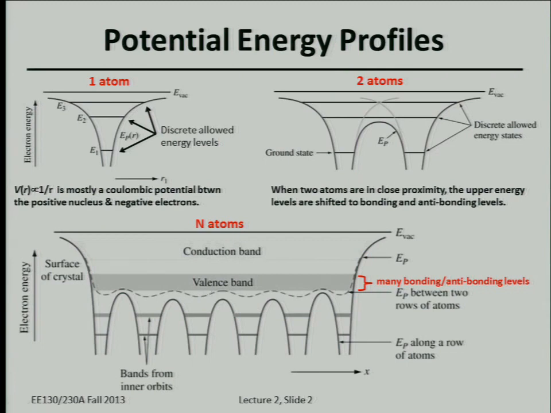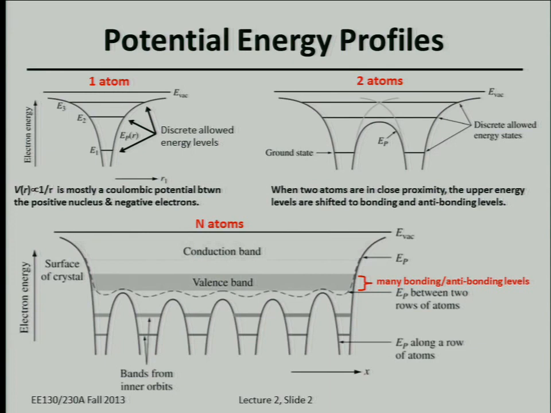Those energy levels belong to the entire crystal lattice; none of those states are tied to one atom. So you have many allowed energy levels within a small range of energy.